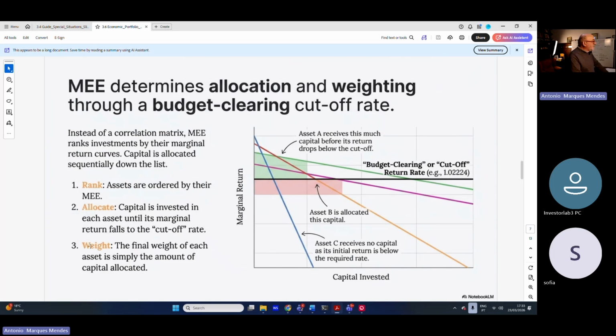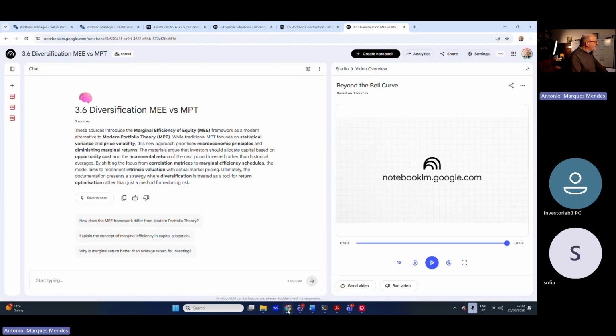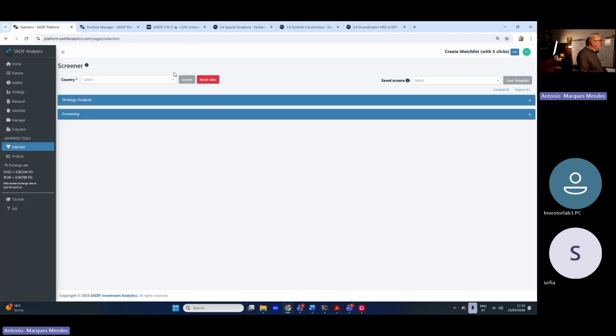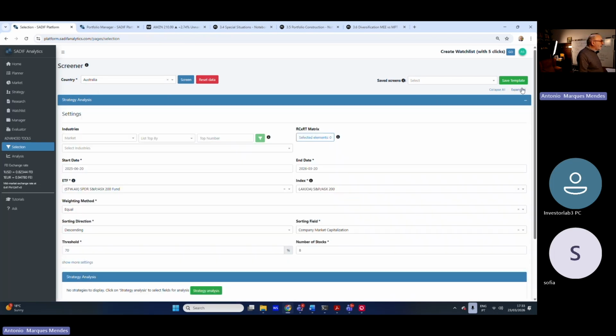Okay, trying to move fast, let me show you what we have in our platform and how you can use it. Here I need to go to the selection, select a country, let's say Australia, for instance, and select a period, 26, okay.